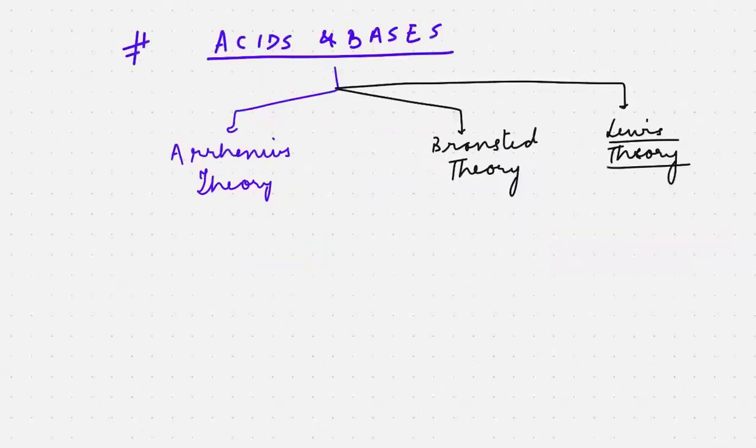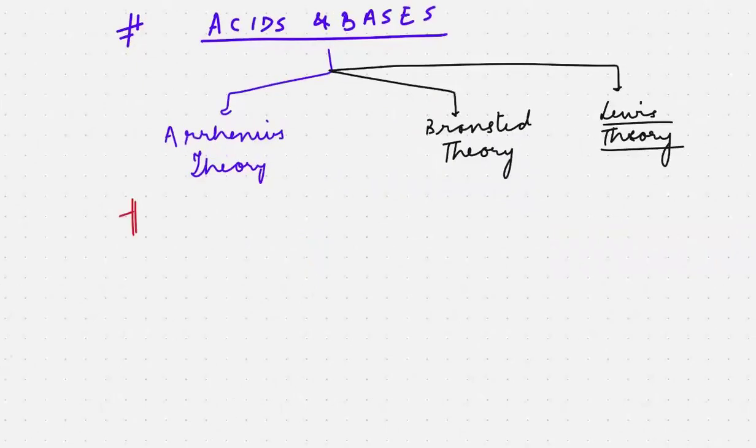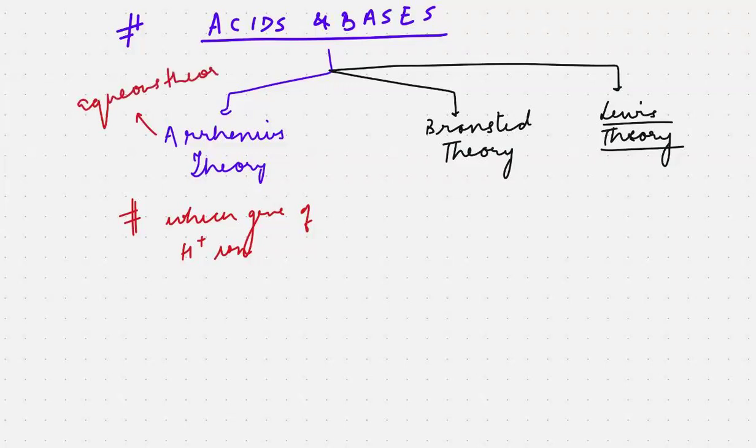So according to Arrhenius, the substances which give off H plus ions in the aqueous solution. So the Arrhenius theory is primarily defined for aqueous media.